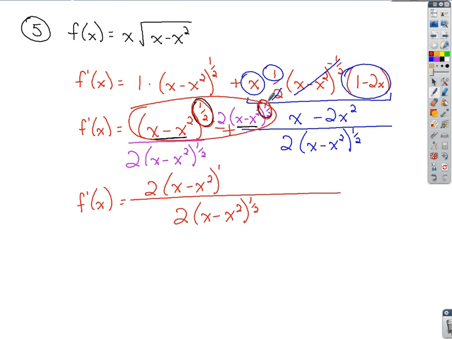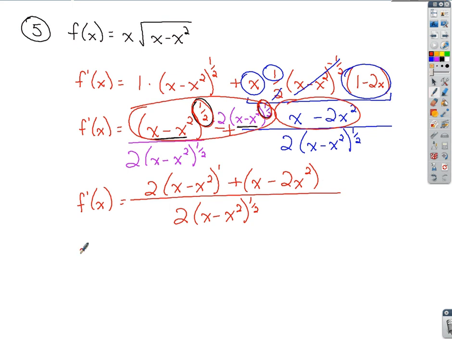So that's how we know that we're doing things correctly here, because that new power we get is going to be some sort of whole number. In the meantime, we are adding on the numerator from over here, which is x minus 2x squared. And technically, I'm adding on that as a quantity, but parentheses aren't really necessary because we're adding it on anyway.